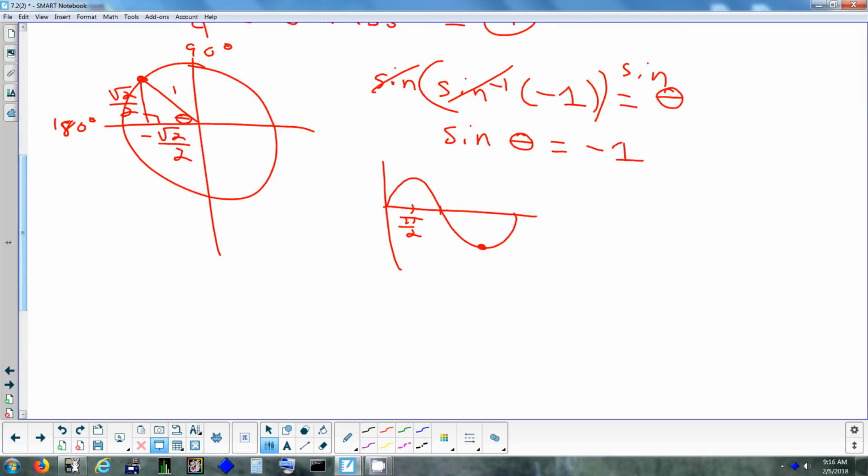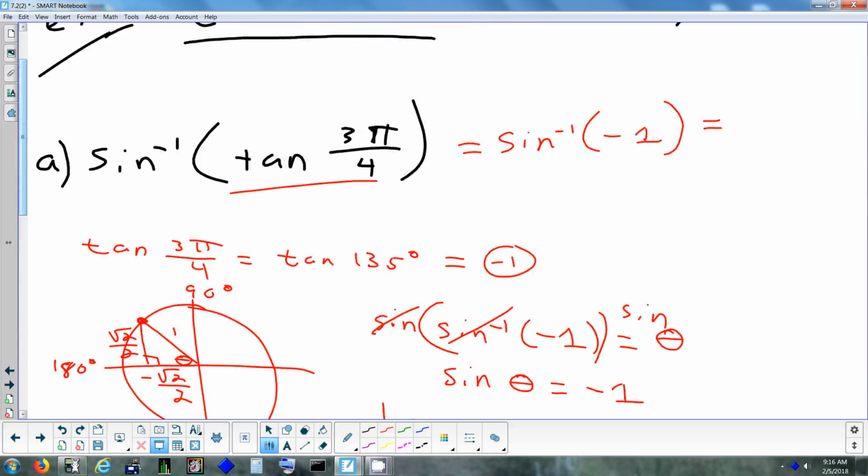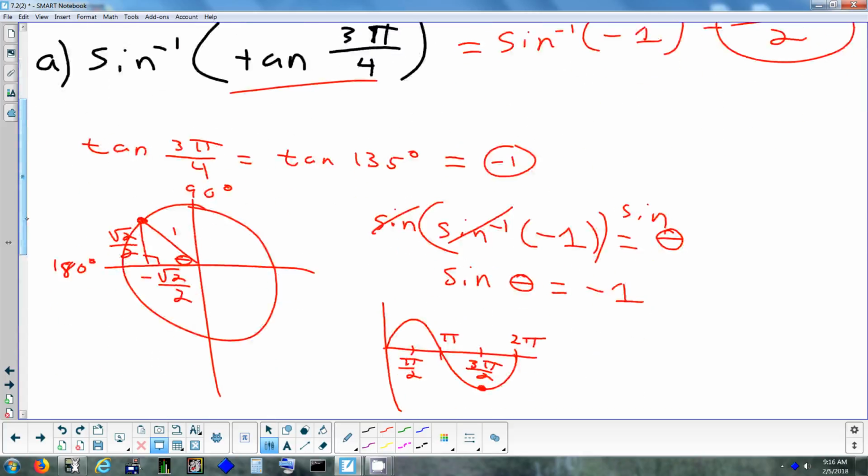That's pi over 2, pi, 3 pi over 2, and 2 pi. So as long as he knows those coordinates on the graph, 3 pi over 2 is where you hit negative 1, that's the answer to the question. So 3 pi over 2, or you could have put 270 degrees. That's where the y value is negative 1.